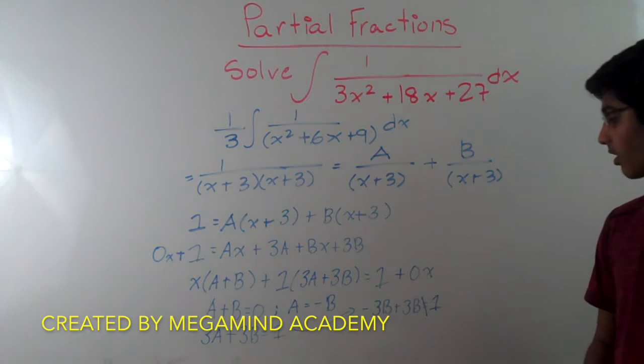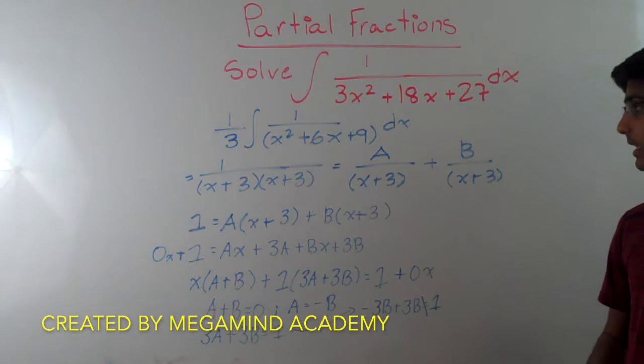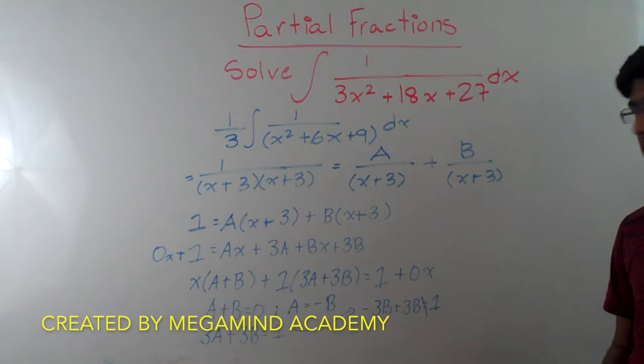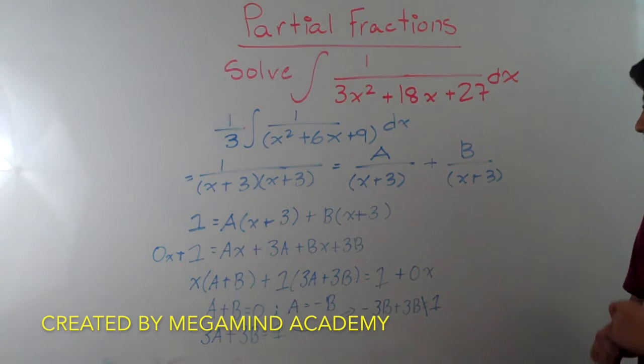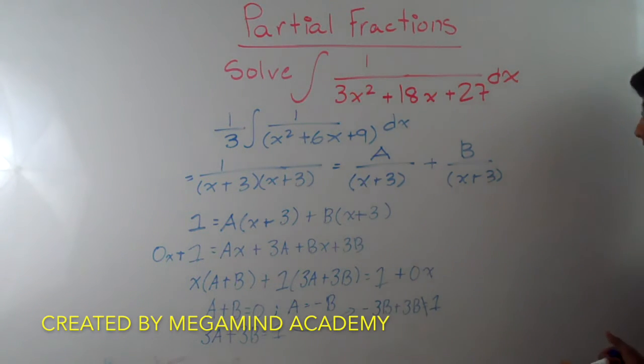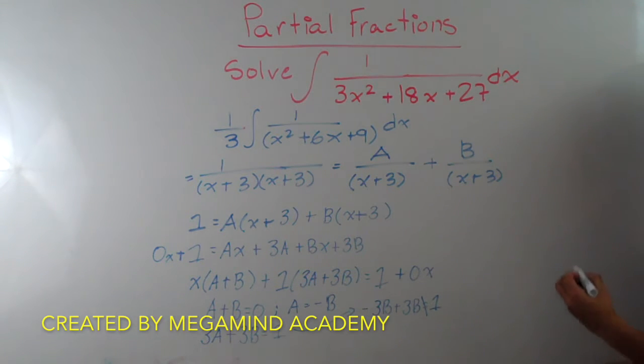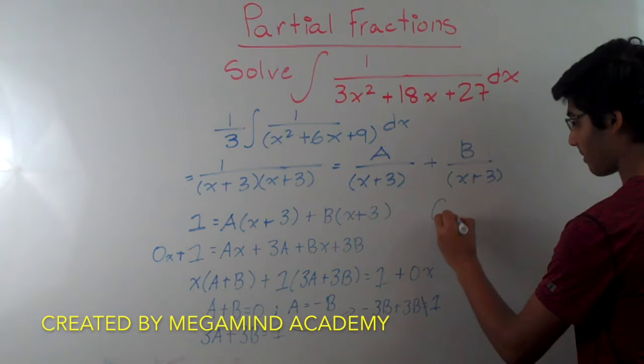Well, maybe we didn't go wrong. If this isn't equal to the value that we were looking for, then that means that you cannot split it up into two different fractions. So that means that in this case, you would have to compute it using some other method. But in this video, we only went over partial fractions. So we're just going to say that we cannot compute it.